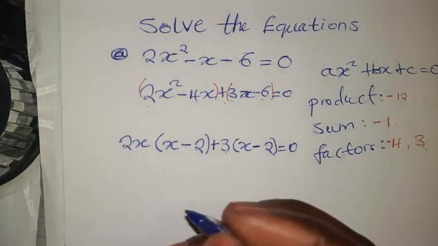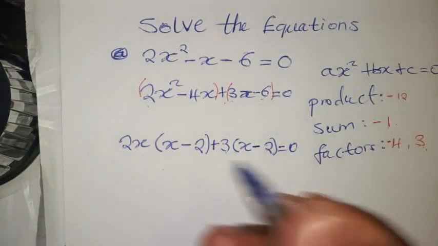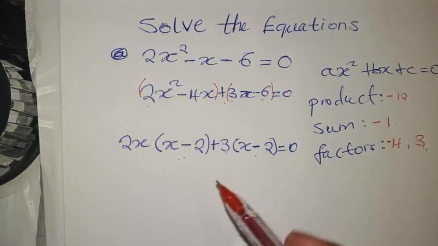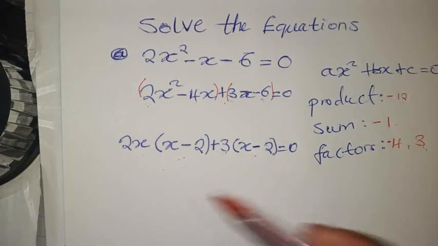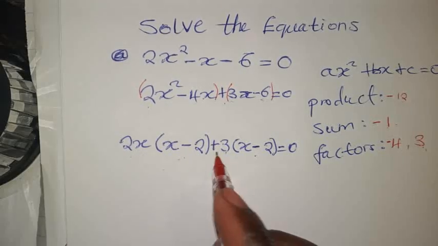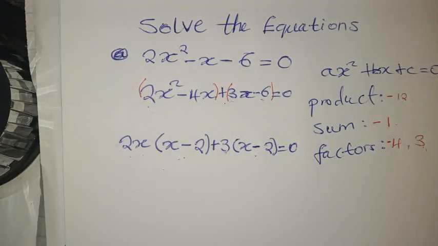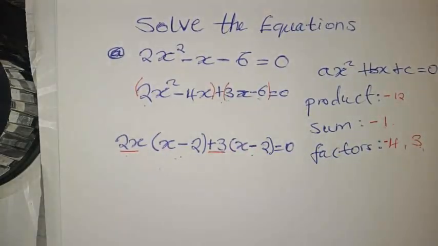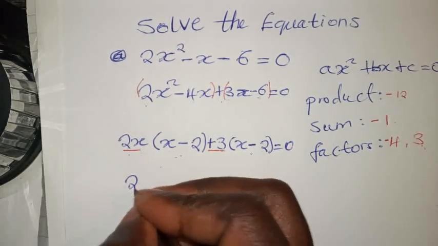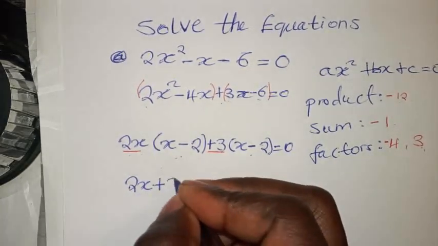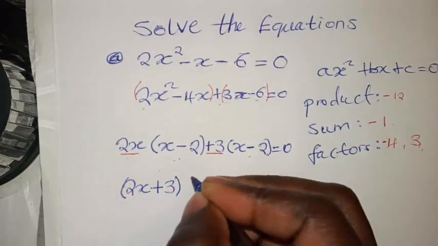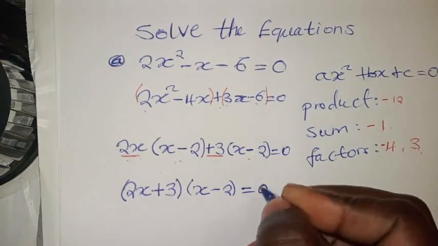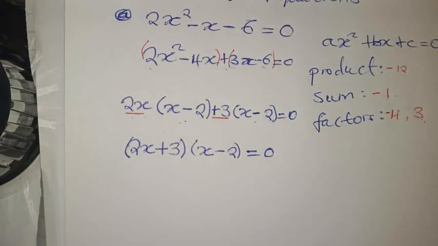When done doing this, we can proceed. Since these two brackets are the same, we're going to rewrite them the way they are; we just pick one of the two. Then 2x plus 3, we'll also put in brackets. So it will be 2x plus 3 and x minus 2 is equal to 0. Now here it's simple to solve.